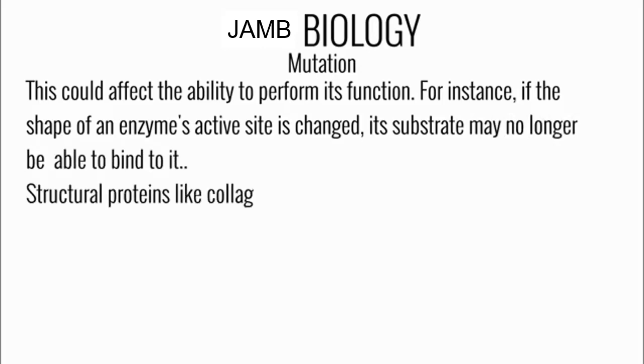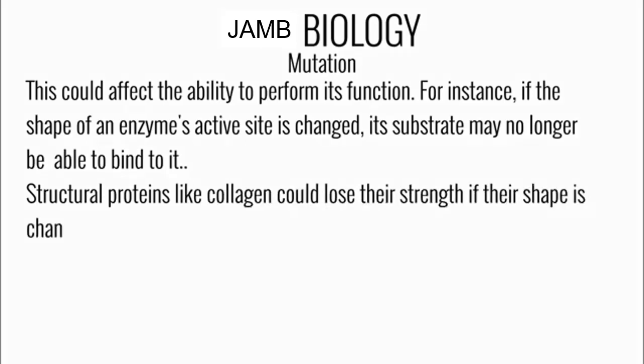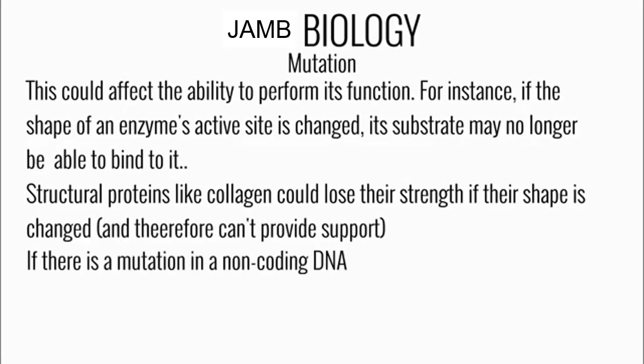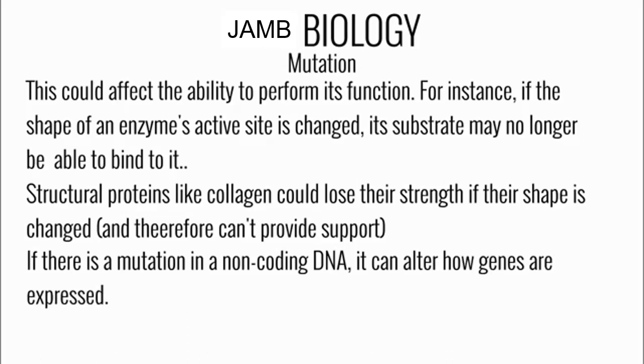Also, structural proteins like collagen could lose their strength if their shape is changed. If there is a mutation in the non-coding DNA, it can alter how genes are expressed. We talked about the non-coding DNA in our previous video. You can check it up there.